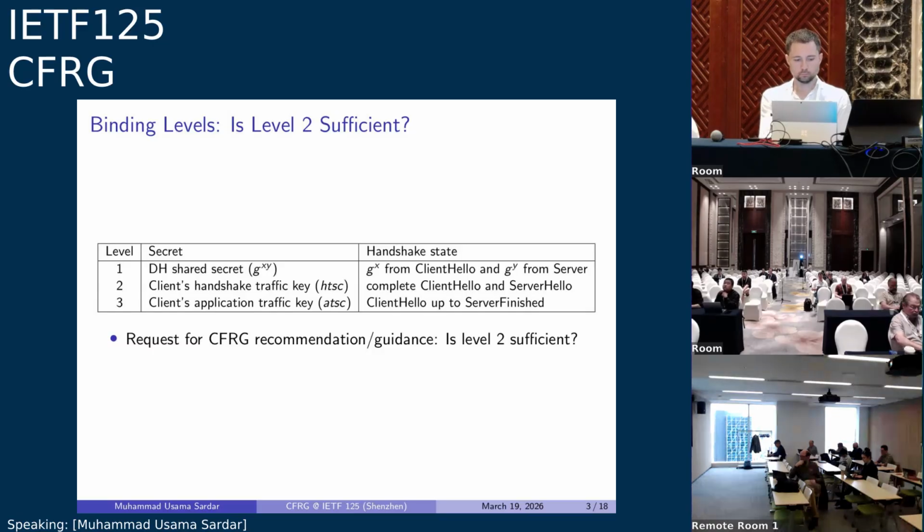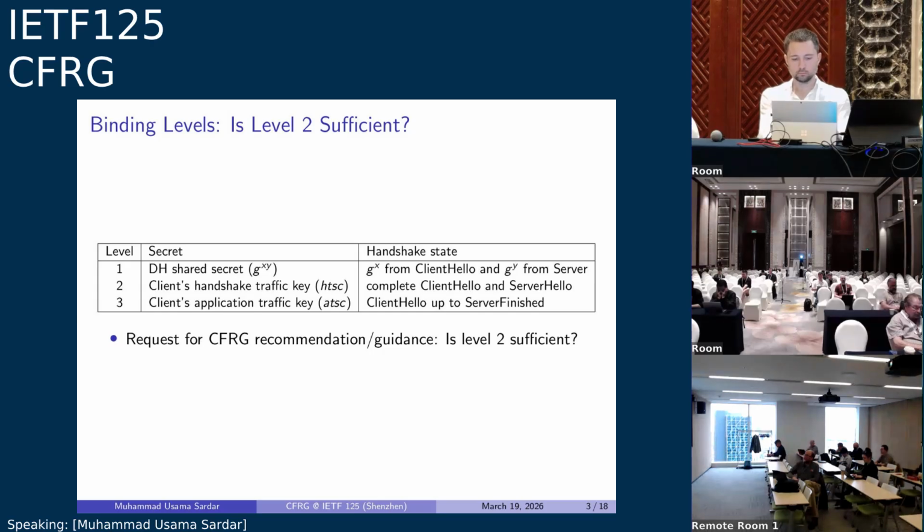So I describe here three different secrets which are unique to a specific connection. The first one is the Diffie-Hellman secret, GXY. What that comes from is, from a server perspective, it's getting GX from the client hello message, and together with GY for that specific connection, these two things make up this secret, and that is what is shared between both client and server.